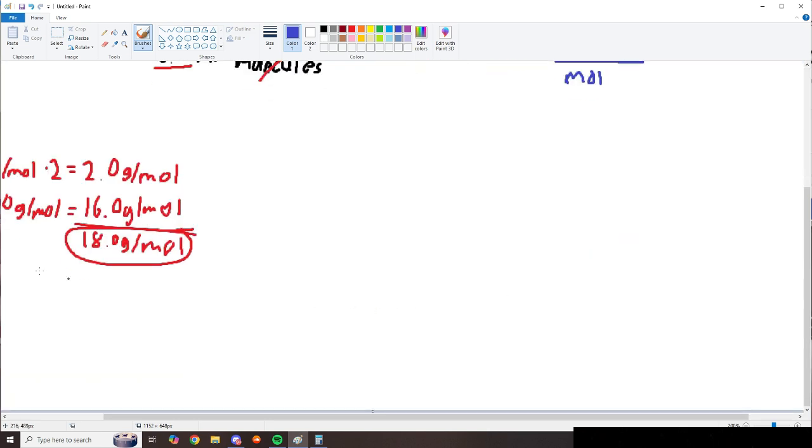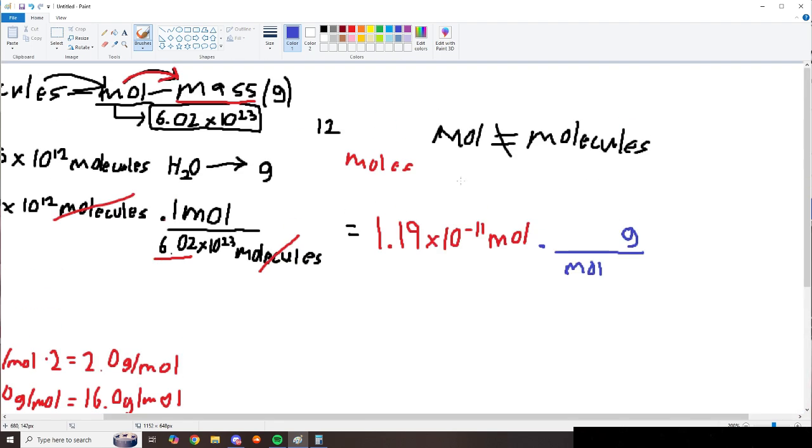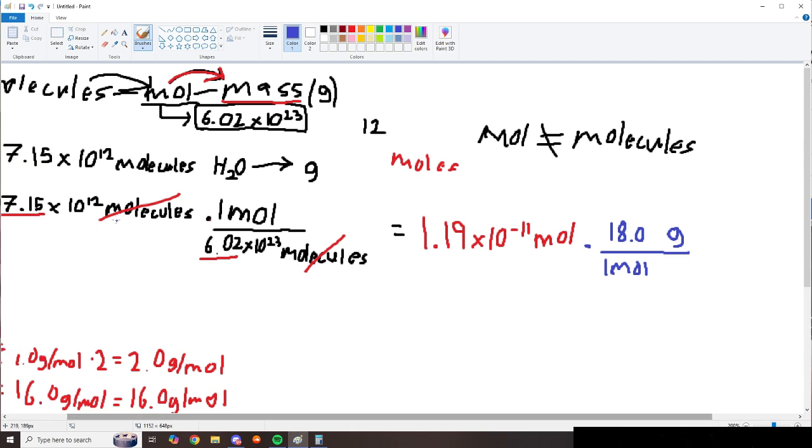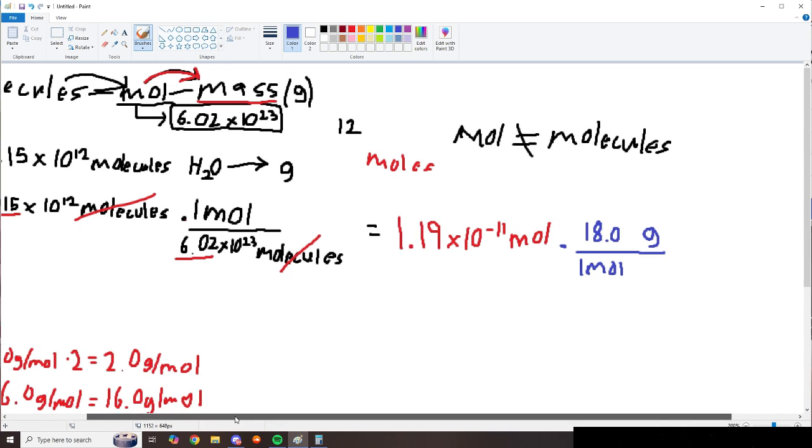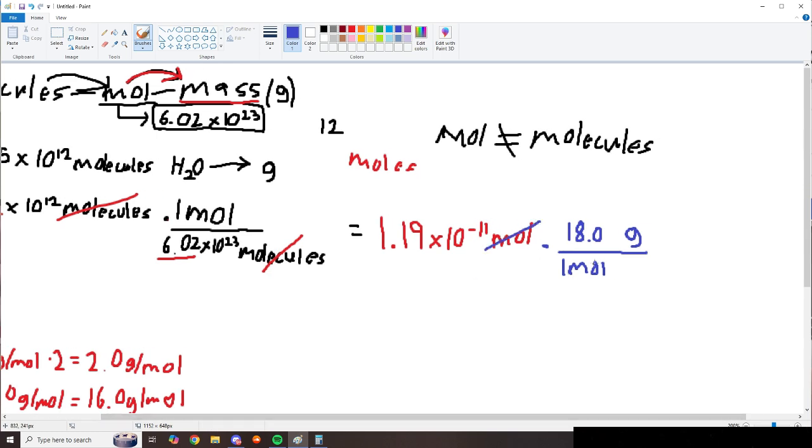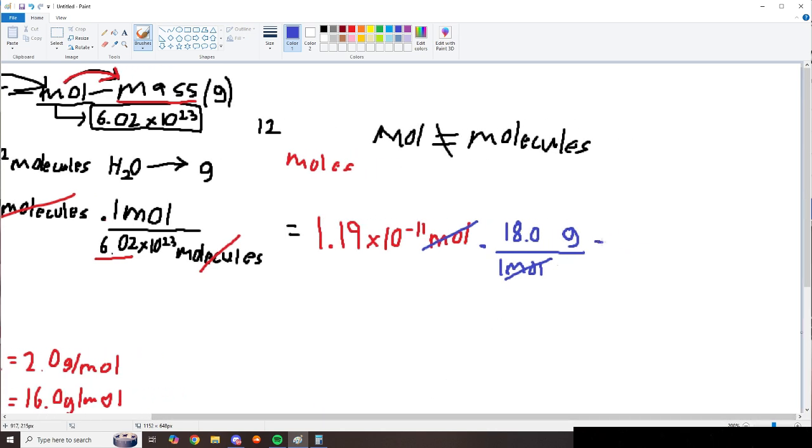And since we have our ratio, 18.0 grams for 1 mole, we have 1 mole on the bottom and 18.0 grams on top. And now, as we saw in the other equation, moles cancels out. And now we multiply our answer by 18.